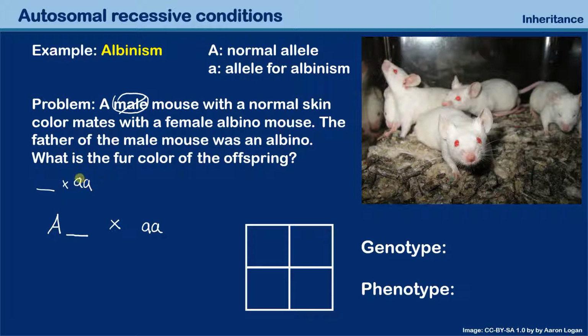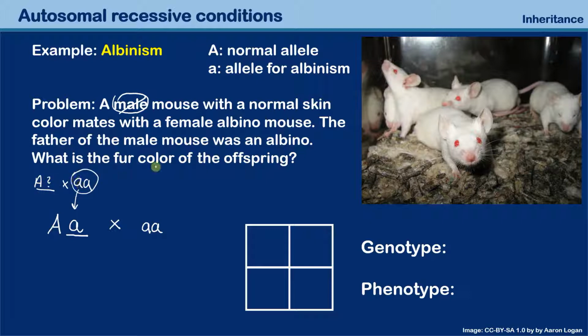But because the father had lowercase a, he could only pass on to his son one of his alleles. There is no capital A here. And this mouse must have received the capital A from the mother, but we do not know the second one, and it is also not relevant.